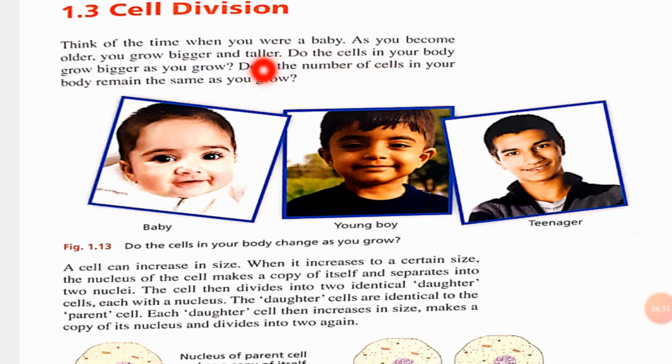Do the cells in your body grow bigger as you grow? Yes, the size of cells will grow as we grow, but at a certain limit they will stop. Does the number of cells in your body remain the same as you grow? No, the cells will divide and increase in number when we are growing up.